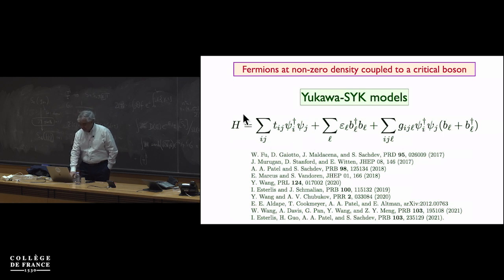And what's made that possible are really all the insights that came from solving not the original SYK, well, SYK too, but for this work, more important has been the Yukawa SYK models. So I think I'll just leave it there, and next time I'll talk about a realistic version of Yukawa SYK models.